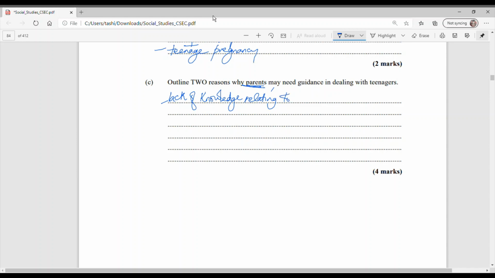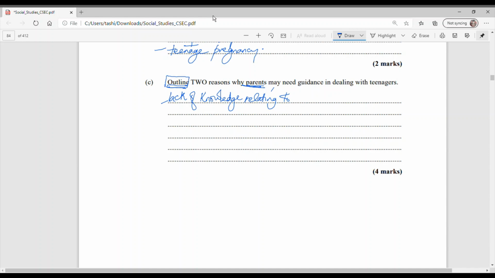Just a second. So this question said that you should outline. So it is different from when you are asked to list. When you're asked to list, like here, you just write the word as it is. So when it says that you should outline, it means that you should basically give like 2 sentences. You should give a little more explanation than to list of what they are asking you for.